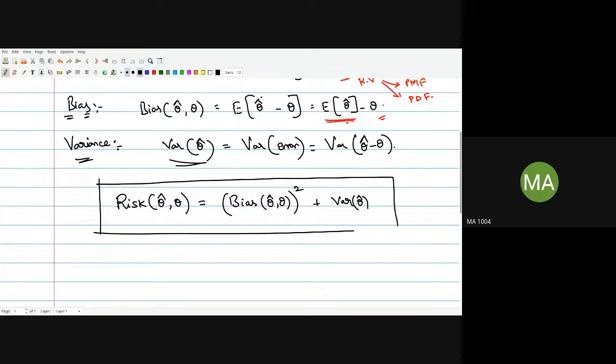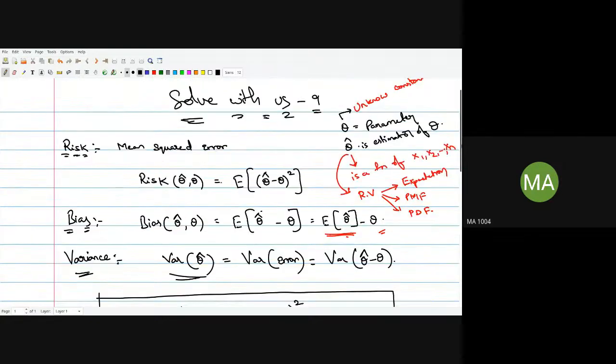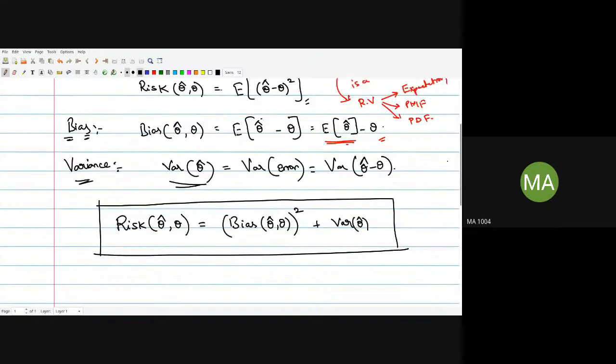Now we asked you to compute risk. So you can compute bias and variance and square the bias plus variance, or use this formula, given theta hat and theta. Even if you expand it, you will reach this only.